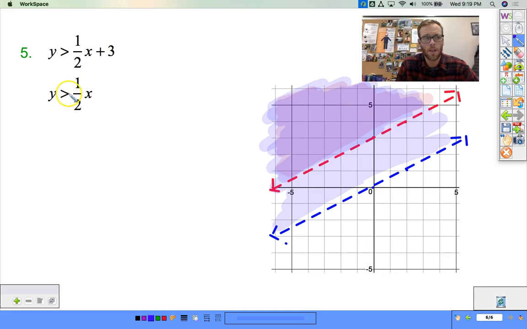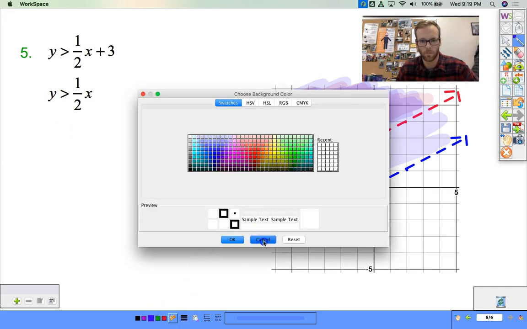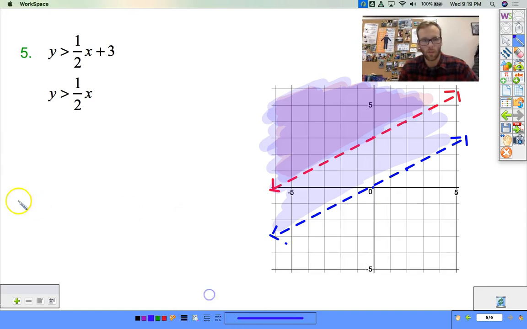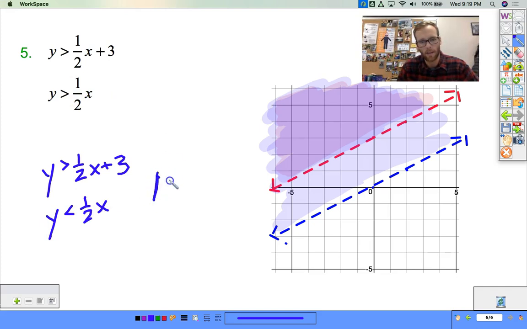So how would we change that? If I left the top one above the line, but made the bottom one below, that would be no solution.